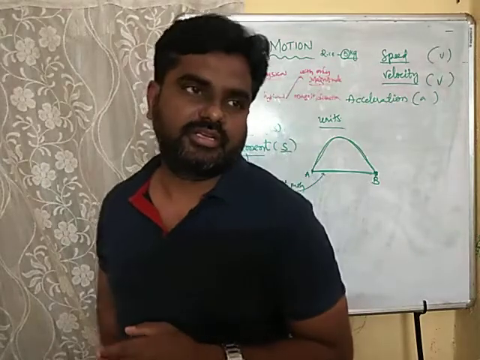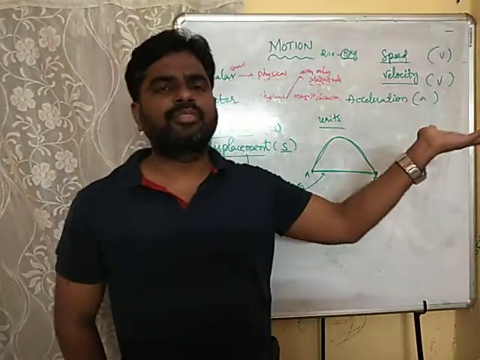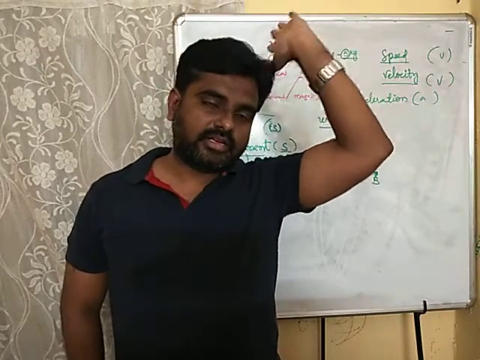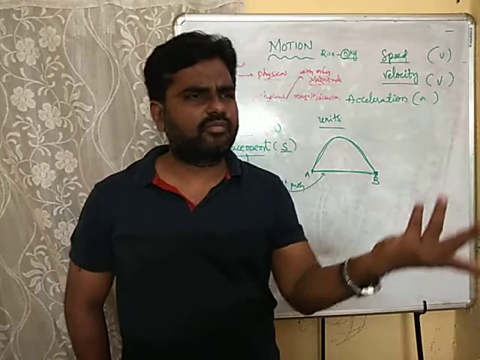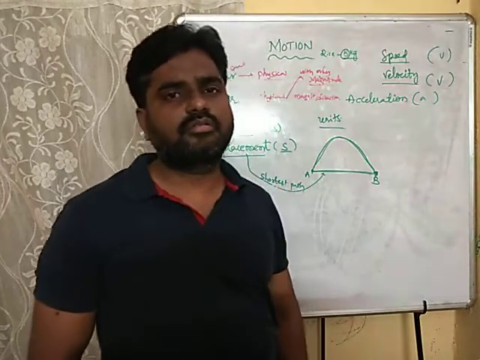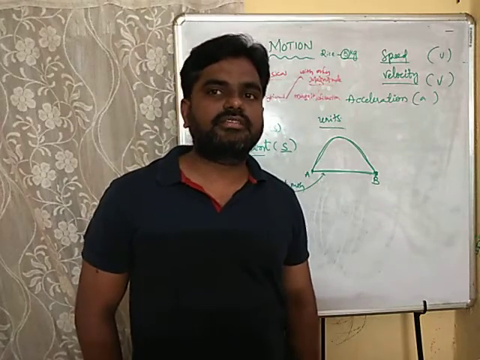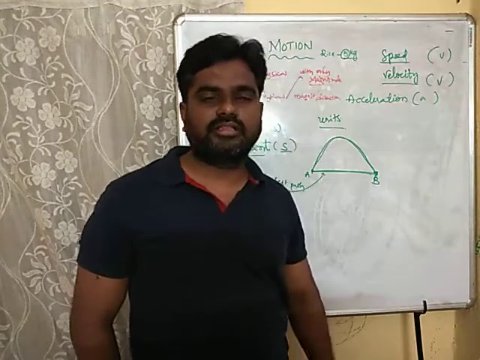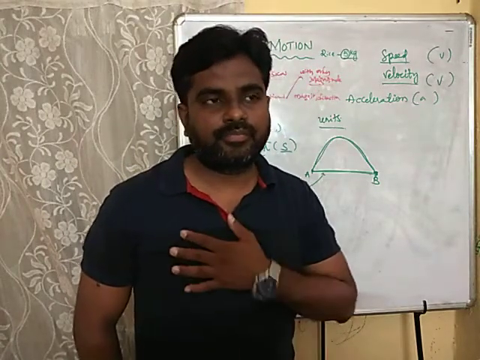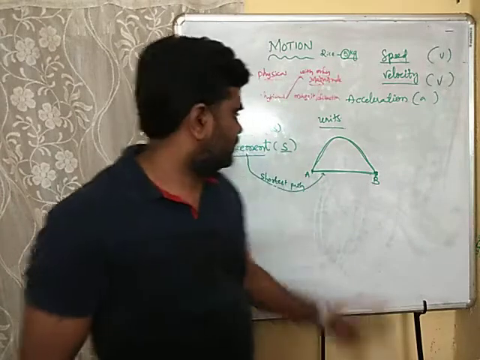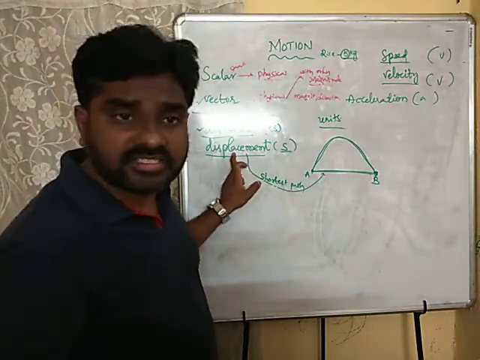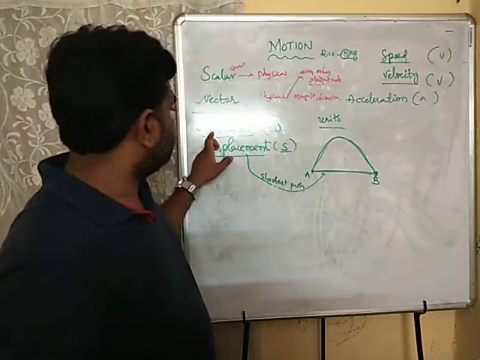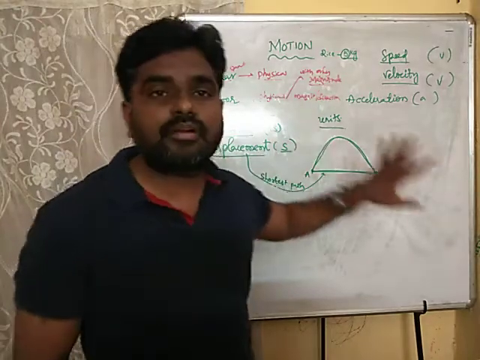The shortest path is from Hanamkonda to Kazipet, Jangaon, Aler, then Gatkesar and Hyderabad, by roadway and train also. The longest path would be going via Karimnagar and Siddipet, and nobody chooses that. So displacement deals with the shortest path covered by the object. Distance means the distance covered by the object.